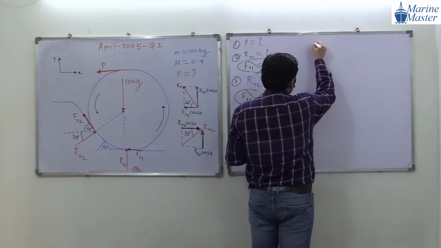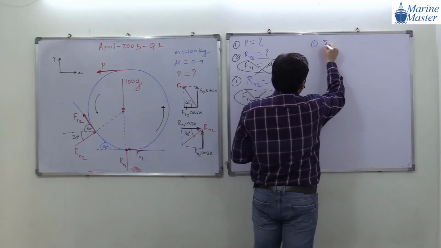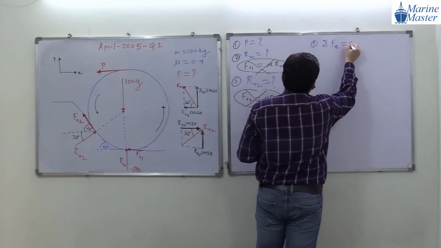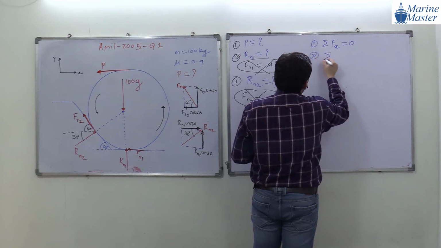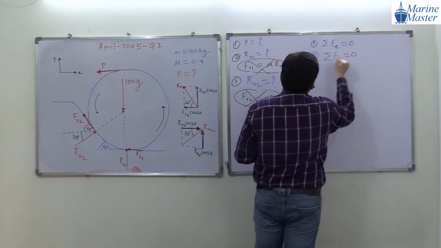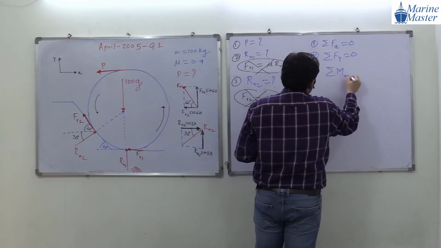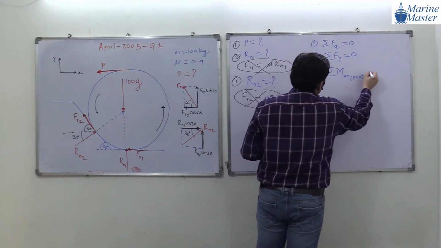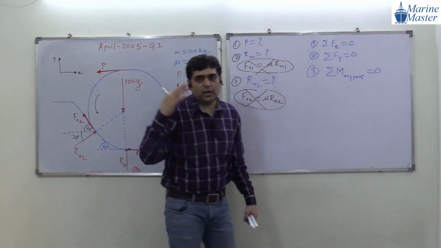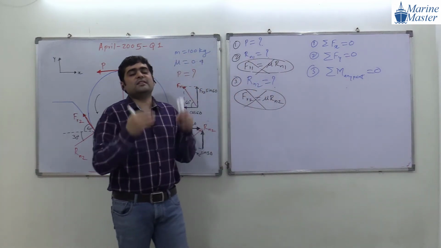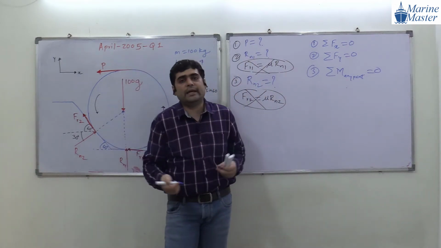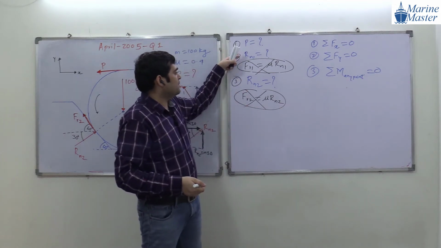First, summation of forces in x direction equal to 0. Second, summation of forces in y direction equal to 0. And third, summation of moment about any point equal to 0. So here 3 unknowns, 3 equations, and if you solve these 3 equations simultaneously, what will we get? We will get the values of P, Rn1, Rn2.